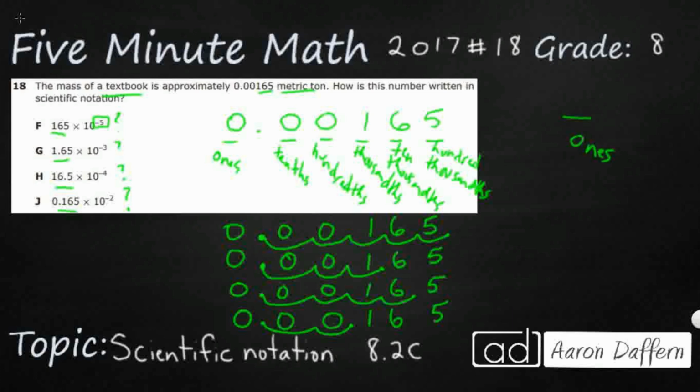Now, it could have a digit in the tens and the hundreds. It could have a digit in the tenths or 100ths, but sometimes they don't. But the foundation of everything we start with is in the ones place. We start counting in the ones place, which means when we're doing our scientific notation, we always just go to the ones place right here, and then we put the decimal after that, which means G is actually the correct answer.